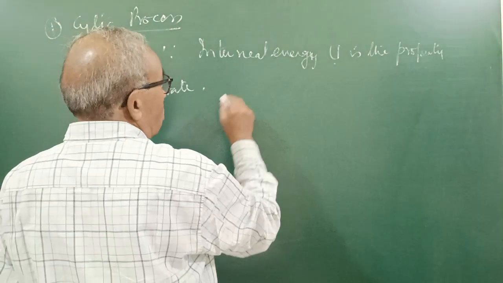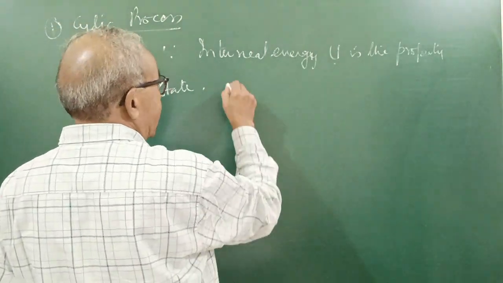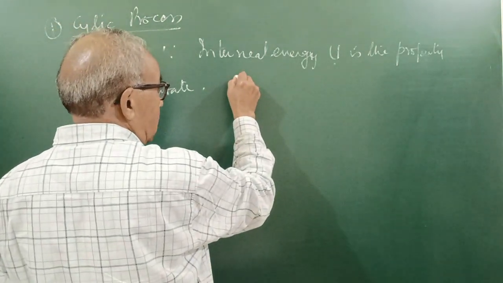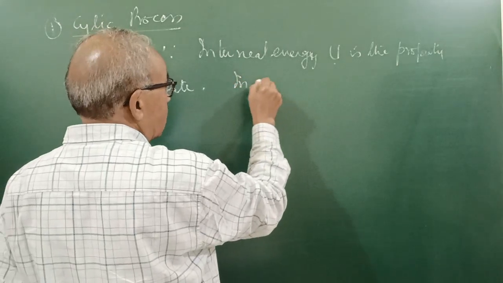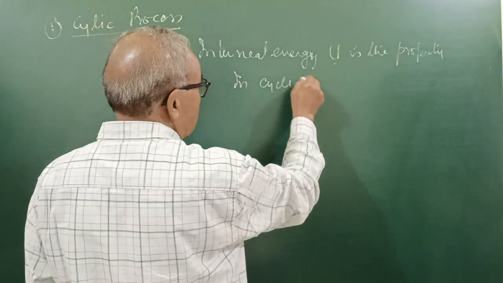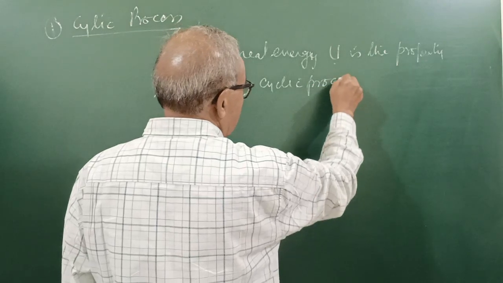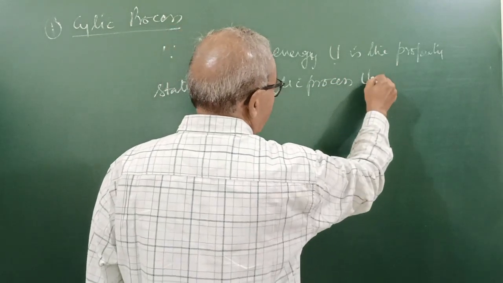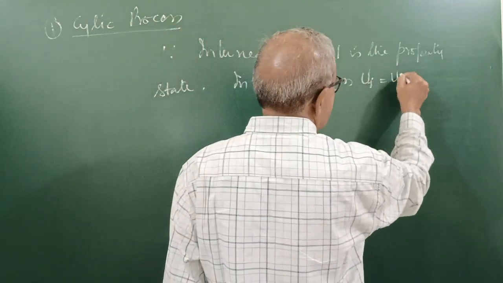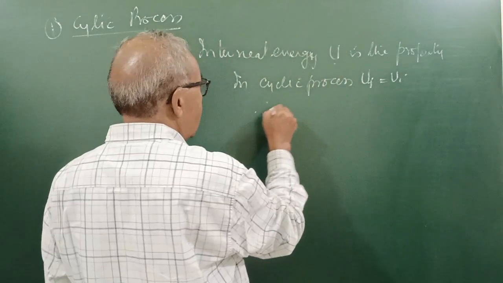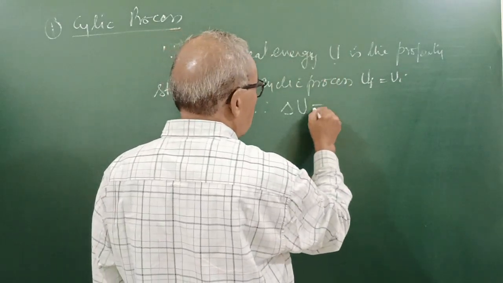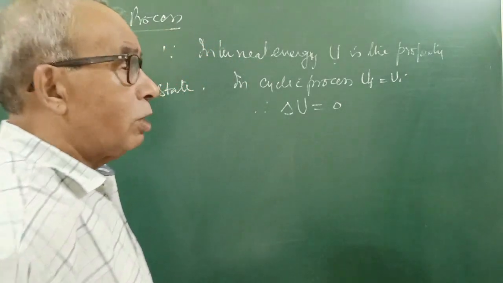So in a cyclic process, UF is equal to UI and hence delta U is equal to 0. There occurs no change in energy.